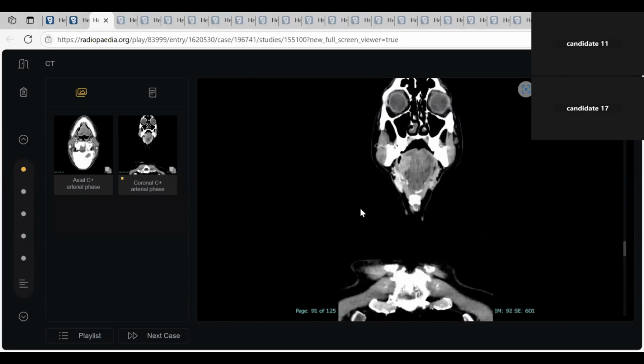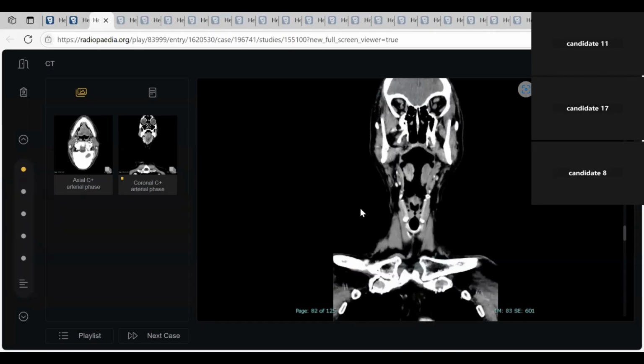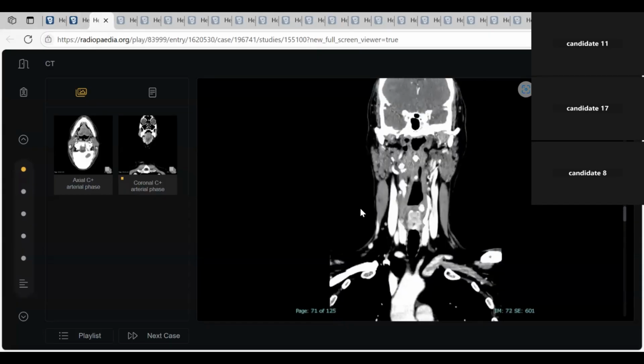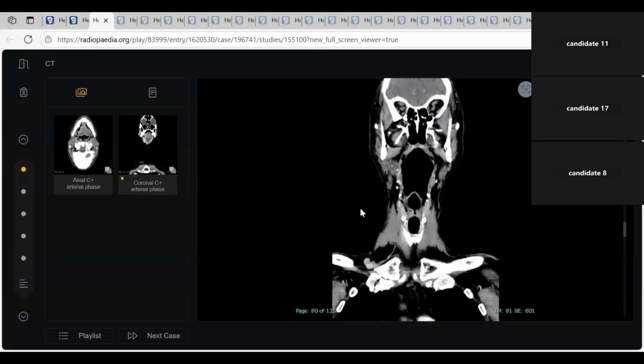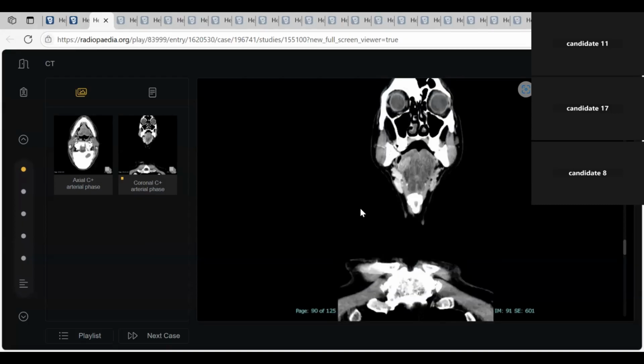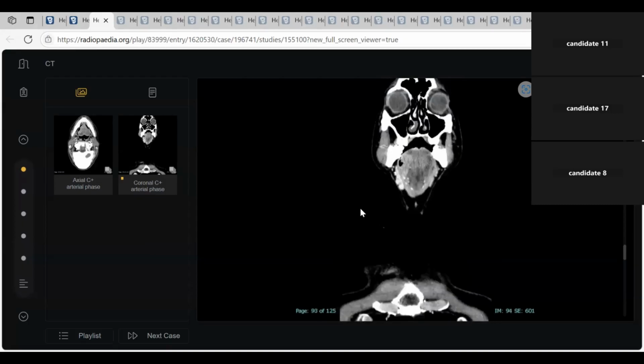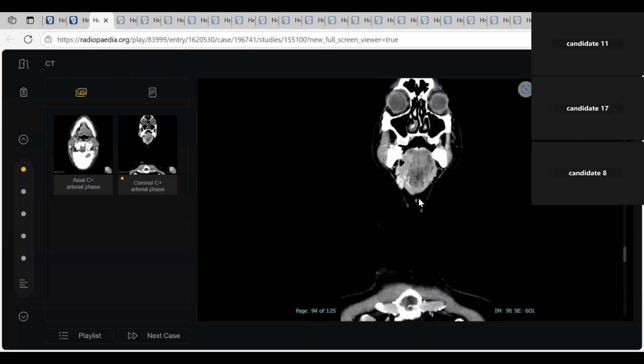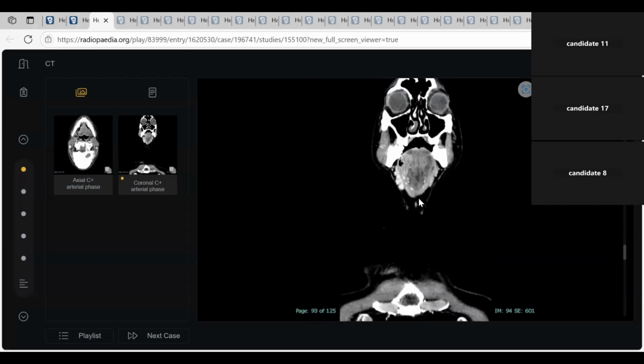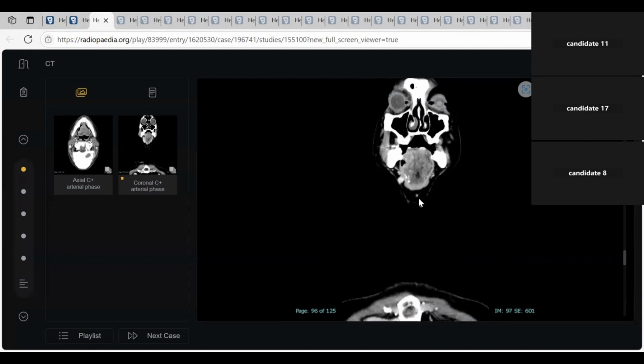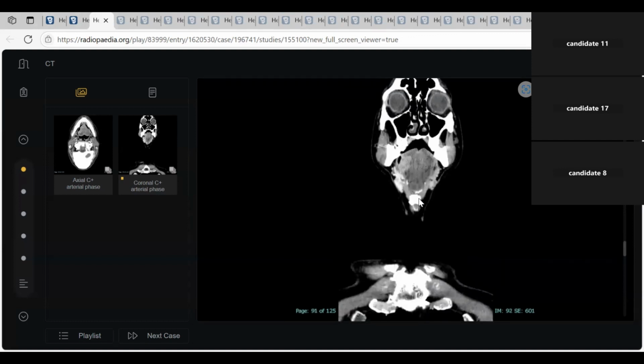I would like to see the bone window to see any bony metastasis, besides the lung window to see any lung metastasis. And about the lung, what should we look for? Is this mass crossing what? No, I already said that there is no crossover to the contralateral side.